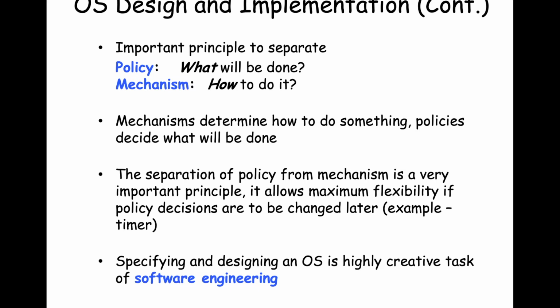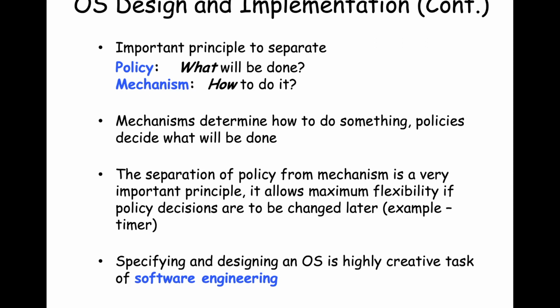Another aspect of the design and implementation of operating systems is the dichotomy between so-called policy and mechanism. The reason you separate policy from mechanism is that sometimes you want to change the way things operate, or how the implementation plays out for some component of your system. Policy states what will be done.